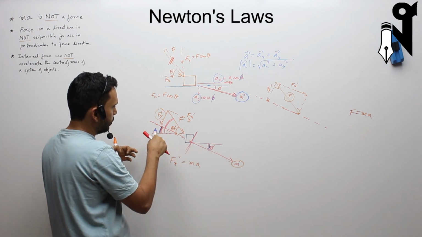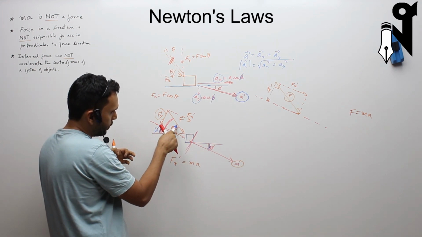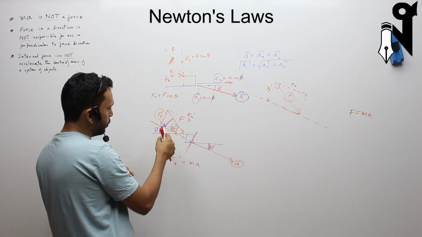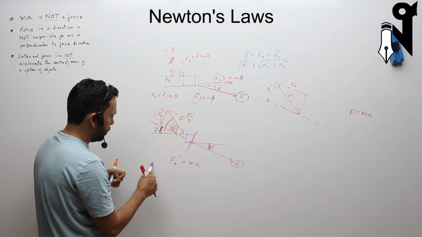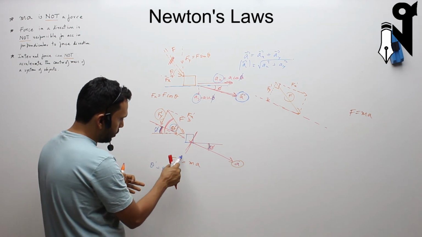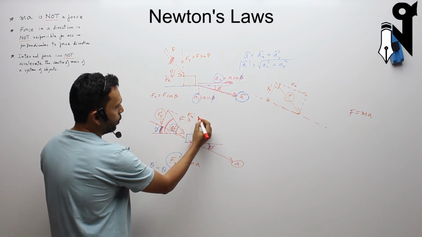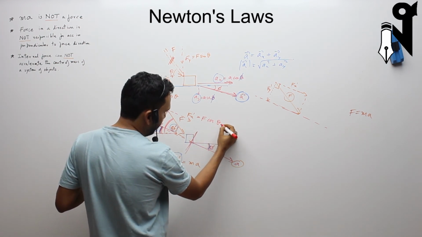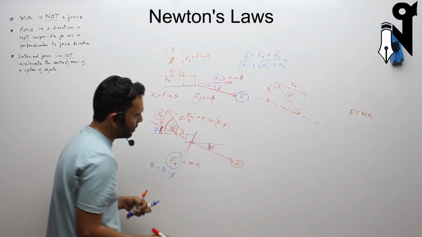That's your phi. This is also your phi. So how much is this theta dash? Your theta dash will be theta minus phi. So this f dash x would be equal to F times cos of theta minus phi in this case.